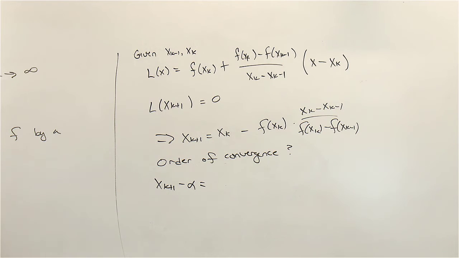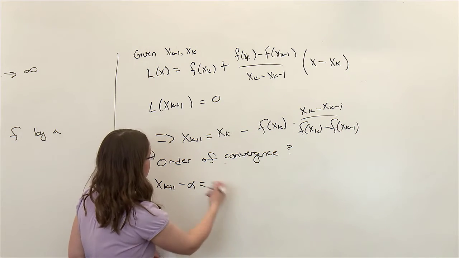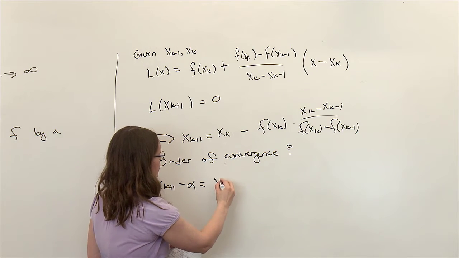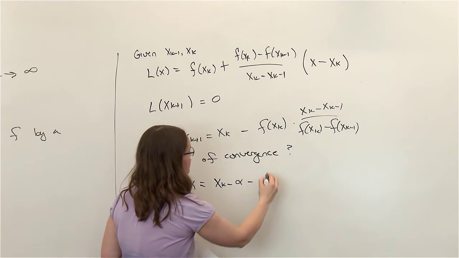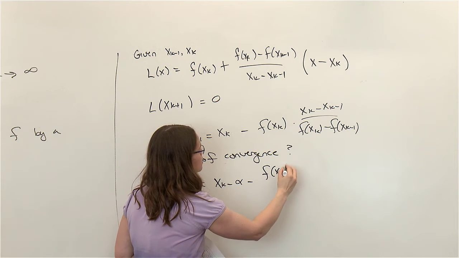So I'm going to put in what the method tells me to do. So xk minus alpha minus all of this.